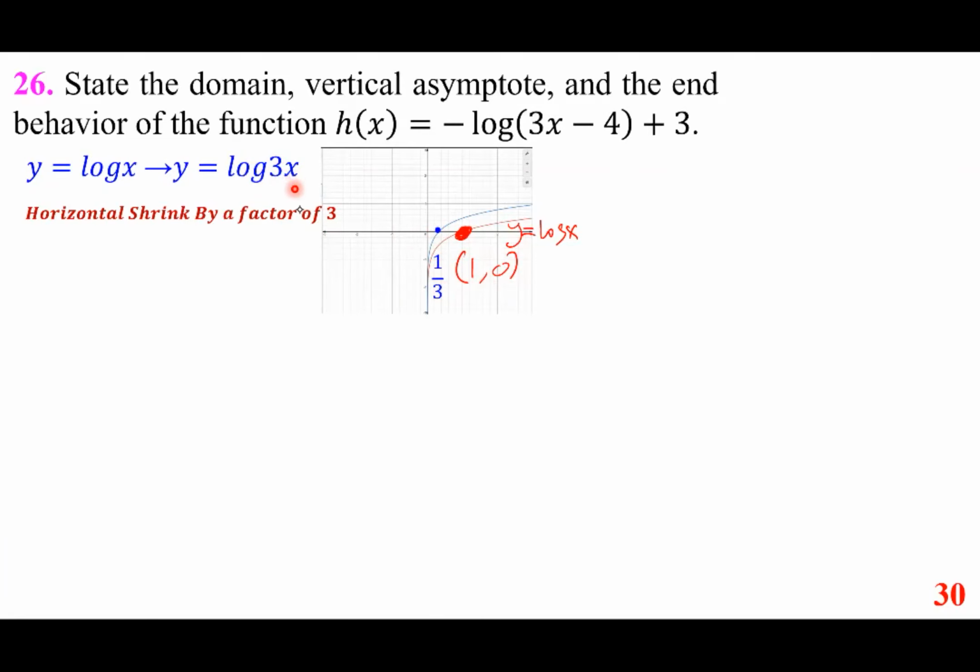And by the way, log 1 is 0. So that's what happens. So this one, the blue one, has the equation y equals log 3x.